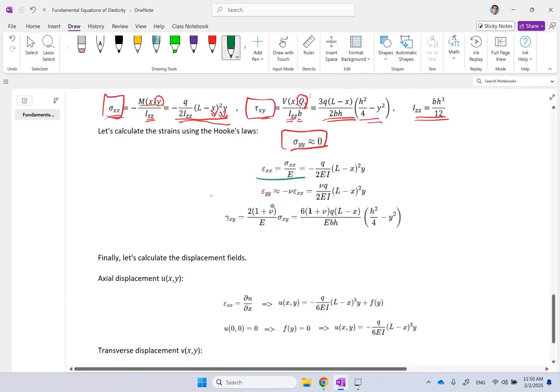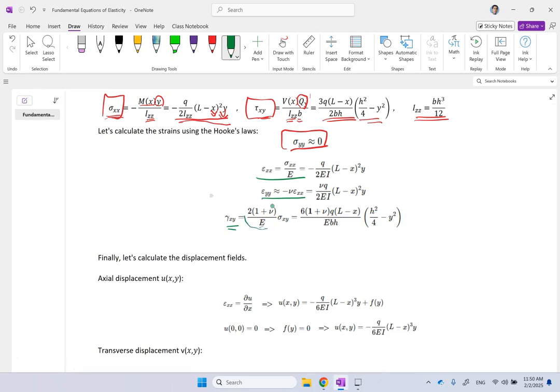This is epsilon xx, this is epsilon yy, this is gamma xy. And this guy here that you can see, you might say, what is that? That is 1 over G. Remember, G was E over 2 times (1 plus nu). And this sigma xy is actually the same as tau xy here. So this is 1 over G, that guy that you see here.